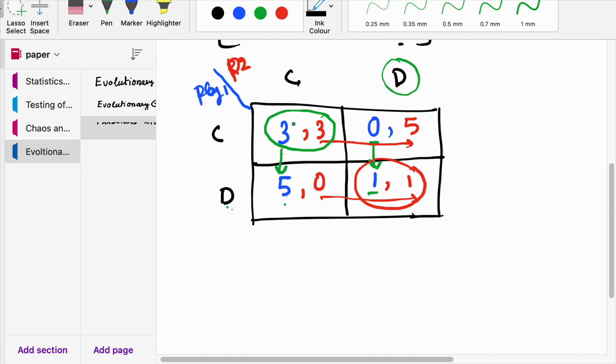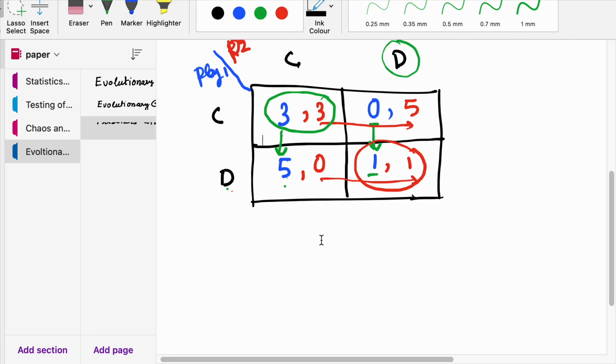In some sense they always try to cooperate, and they only defect when they find there is no other way, that I cannot do anything other than defect.